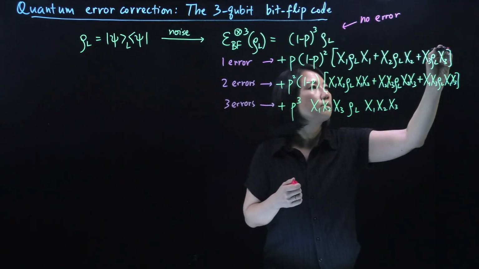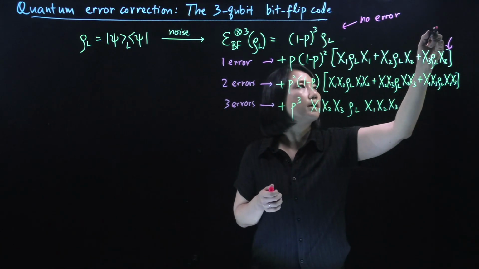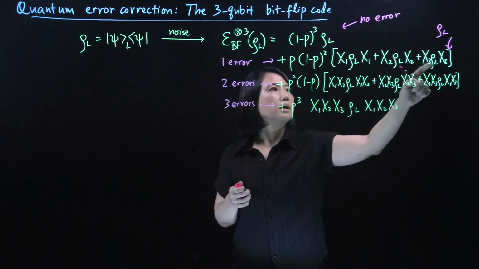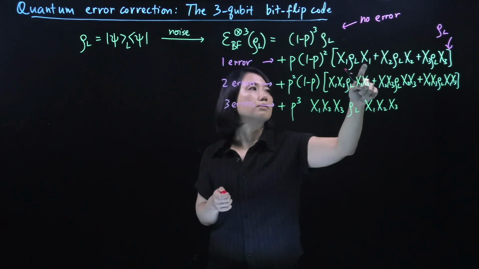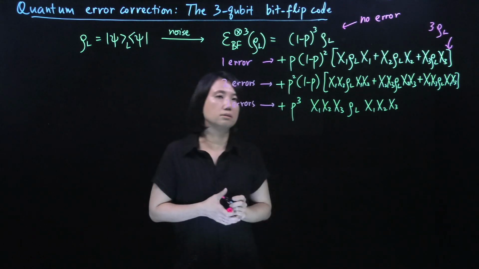So after the recovery, each of the terms inside, in fact, becomes rho L, because I reversed the error operators. We are using the correct recovery operation, but then there are 3 of them. So I get a factor of 3 here.